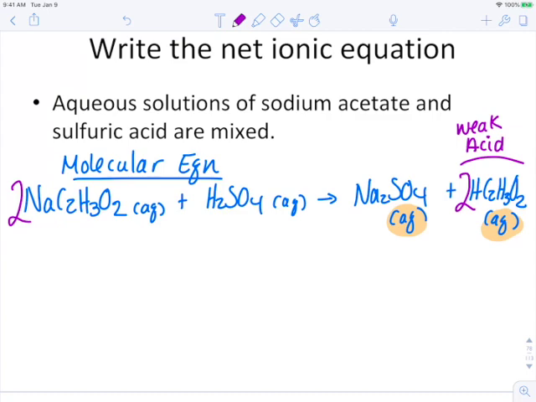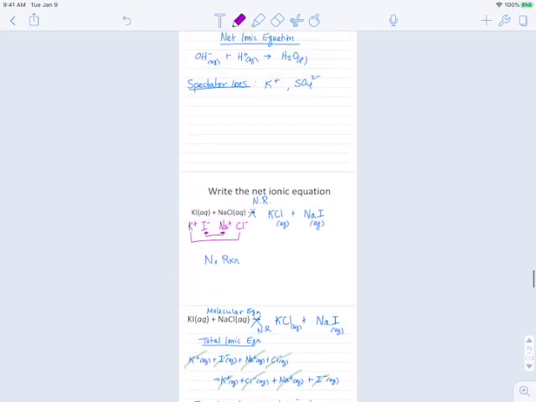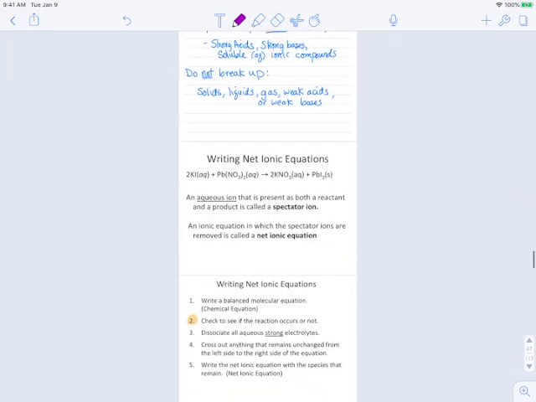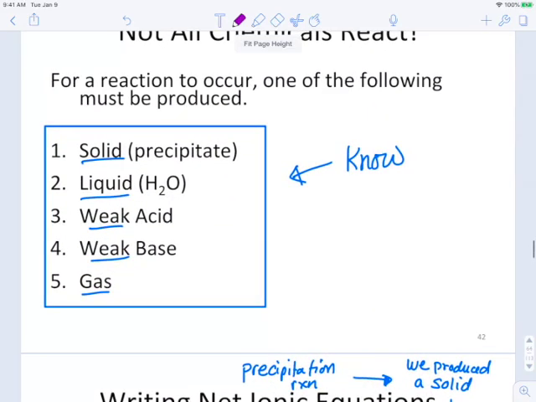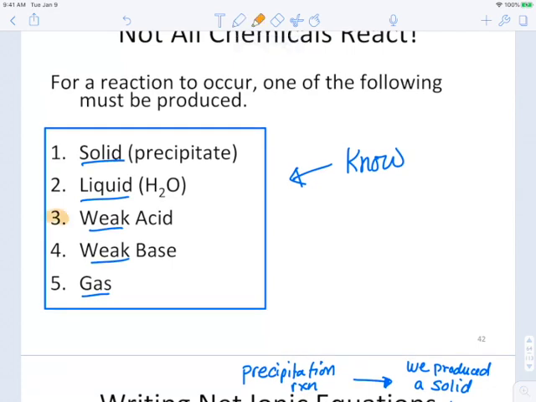All right, so let's go back to our list. Way back here. So if we can form a weak acid, this reaction is going to happen. So since one of those aqueous compounds was a weak acid, this reaction is going to happen.